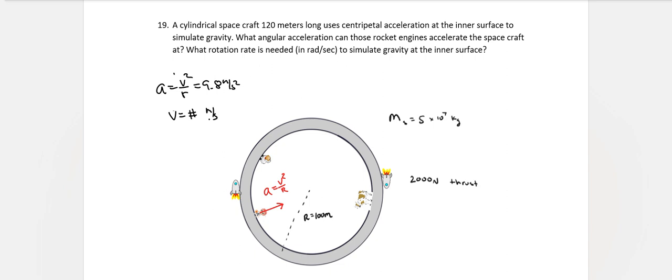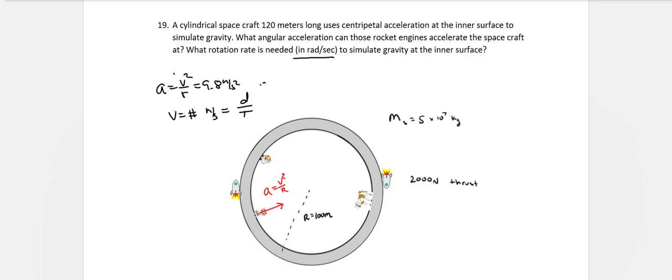All right, the next step here, because it says, let's see, what rotation rate is needed in radians per second? Well, once you have this number in meters per second, speed, remember, is distance over time.